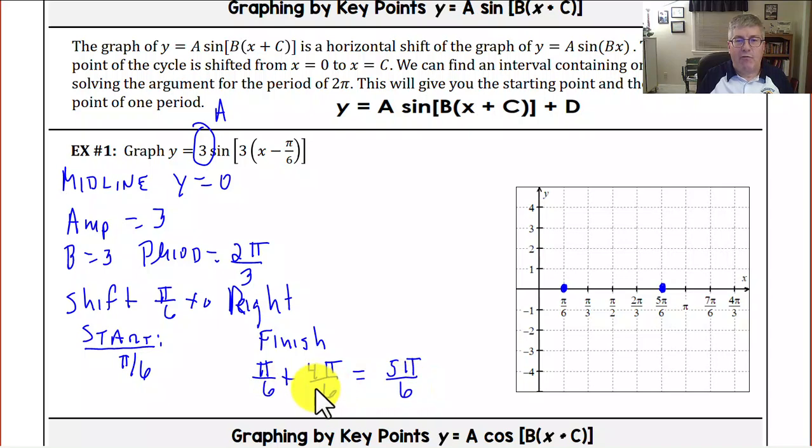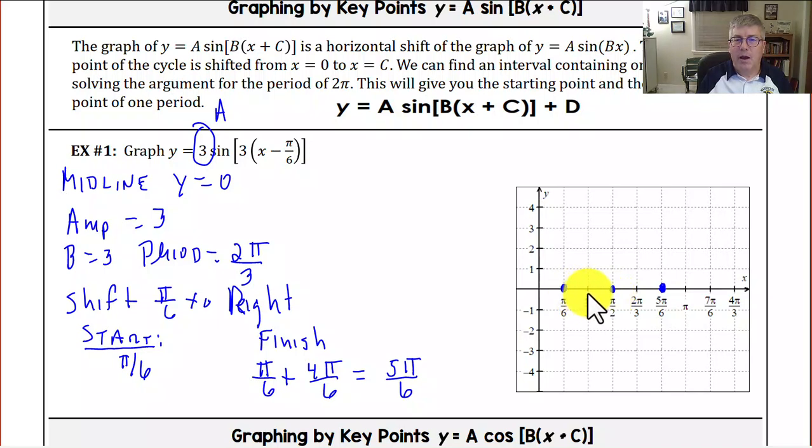So what's halfway between pi over 6 and 5 pi over 6? Well, 3 pi over 6 is halfway in between. So our sine curve, again, is going to have another intercept at 3 pi over 6.